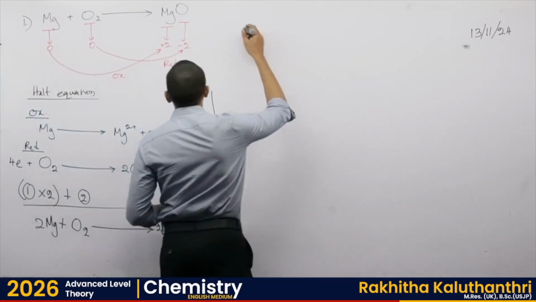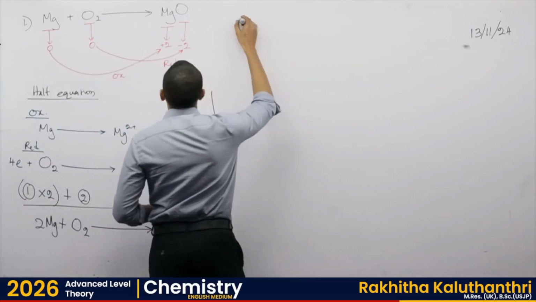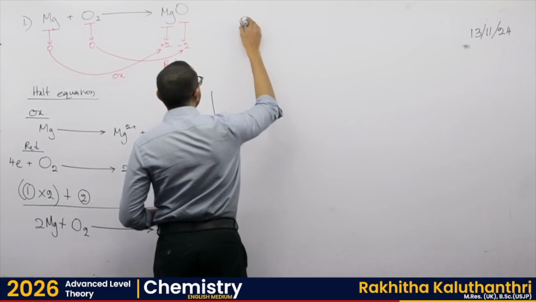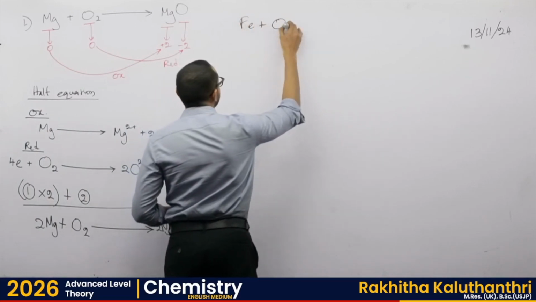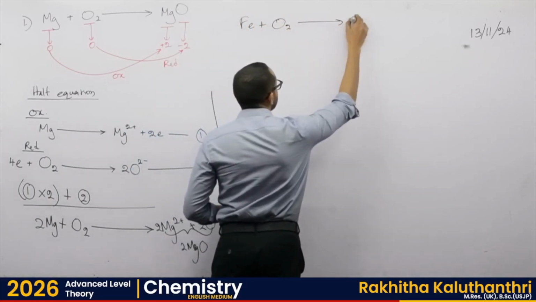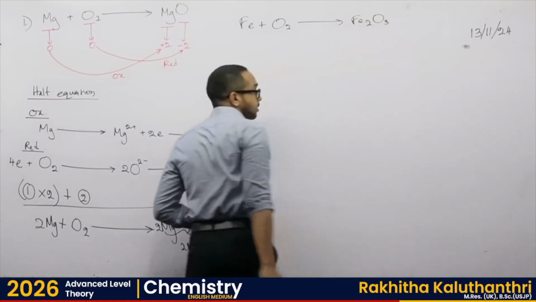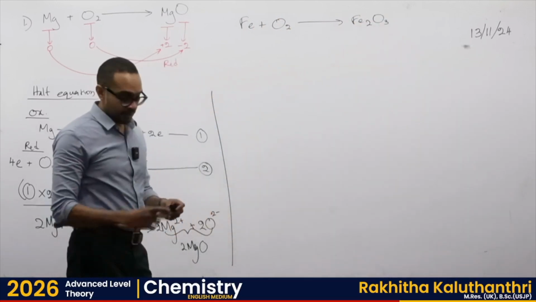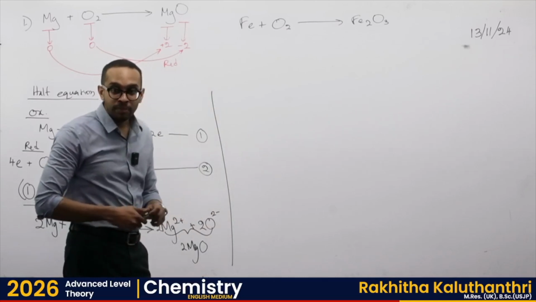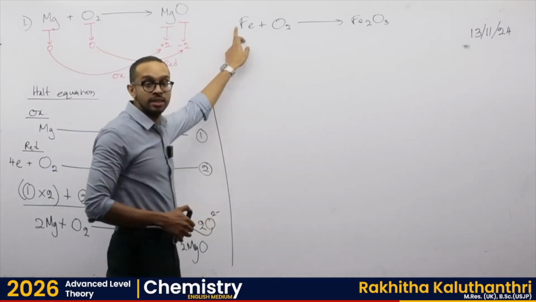If you write the next equation, it is this: Fe plus O2 turns to Fe2O3. Right? Did you get to the numbers? Can someone tell me what goes in front of Fe?